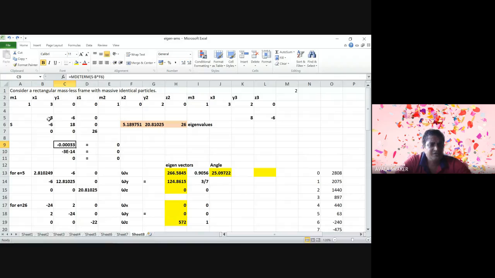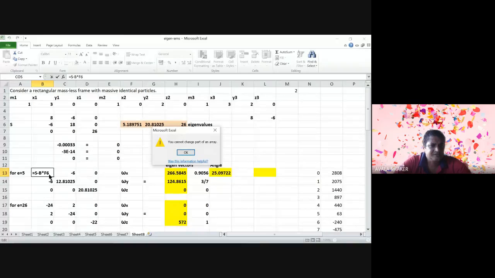What is it that we are going to do now? You can see here, we'll say S minus lambda I, right? It is simple, S minus lambda I is this value which is calculated here, and B is your identity matrix. So S minus lambda I. Now this is an array, so it will not allow you to do that.